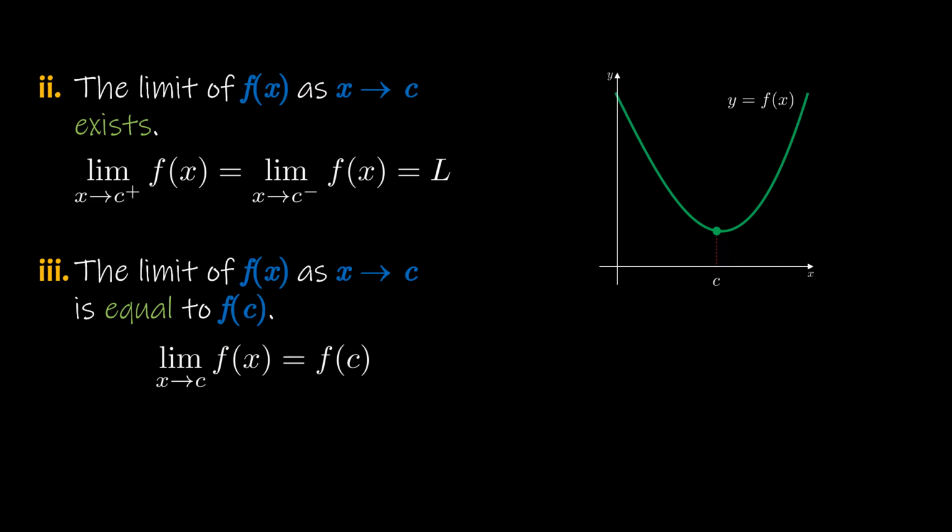If these conditions are satisfied, then f is continuous at x equals c. The figure on the right illustrates these conditions of continuity at a number.